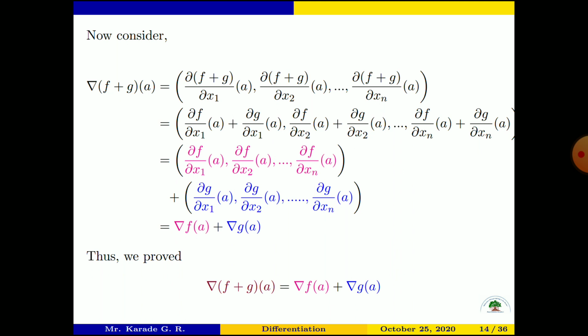The second component is the partial derivative of f with respect to x2 plus the partial derivative of g with respect to x2. Similarly, the nth component is the partial derivative of f with respect to xn plus the partial derivative of g with respect to xn.